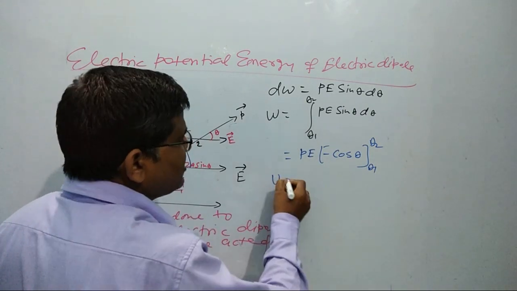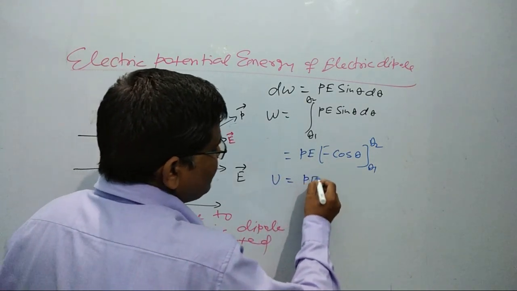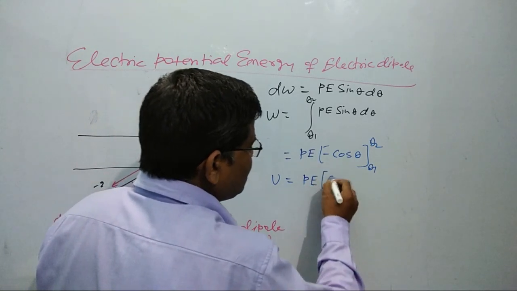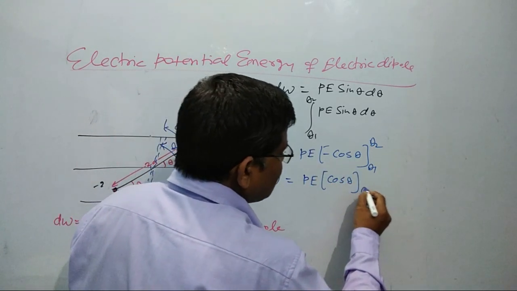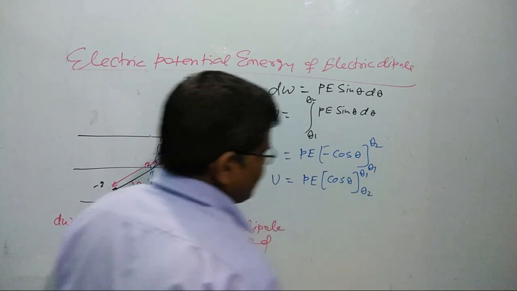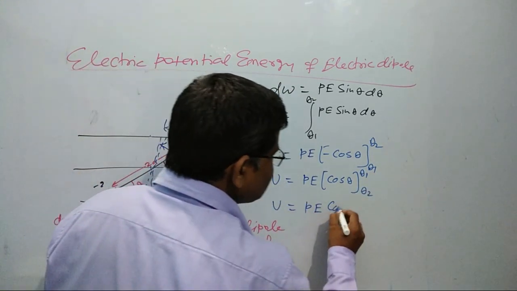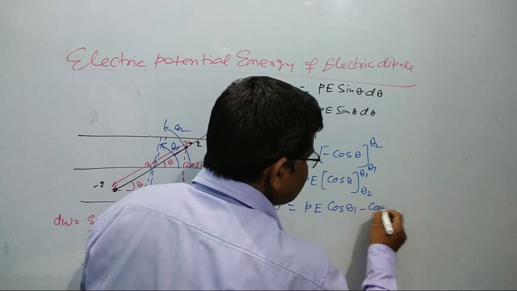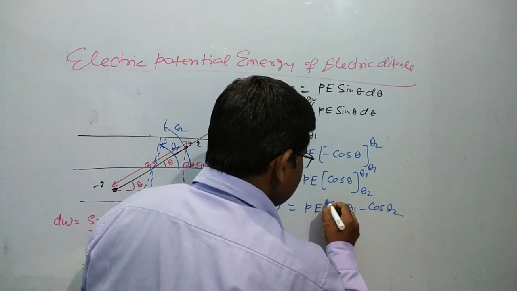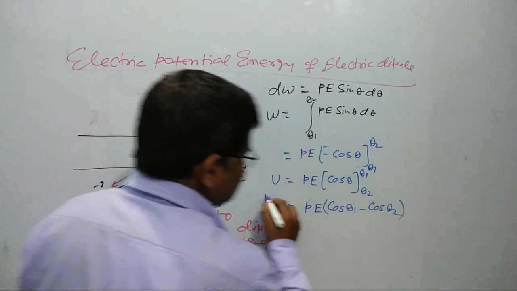And this work done is converted into potential energy, and for removing the sign, just reverse the order. Then U equals pE (cos theta 1 minus cos theta 2). This is the simple relation.